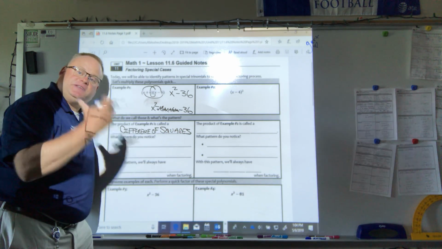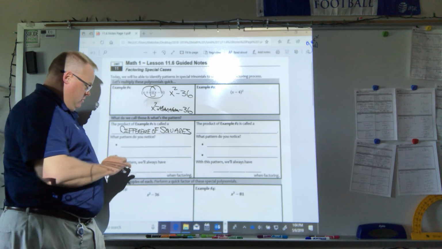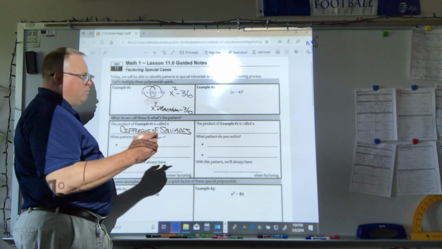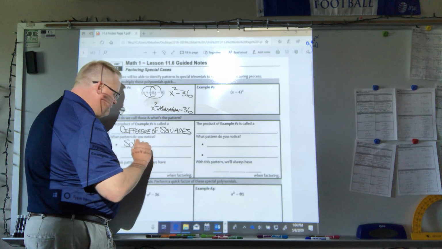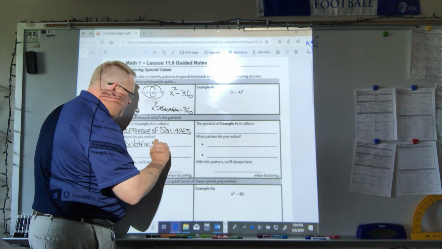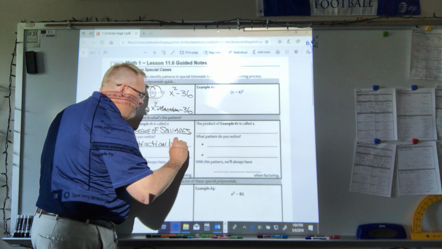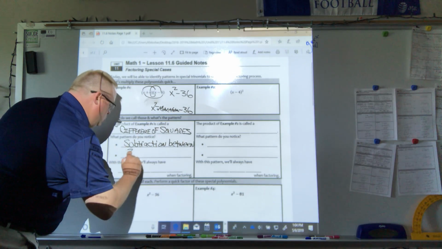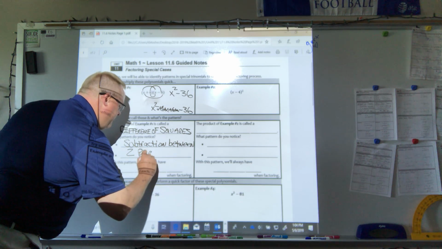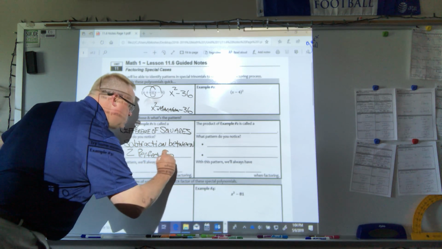And it has a very distinct pattern. What pattern do you notice? Well, one, I know it's subtraction between two perfect squares.